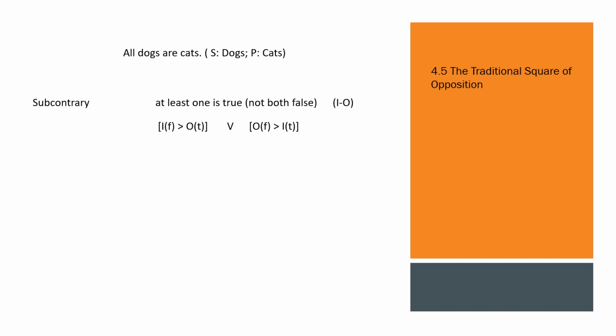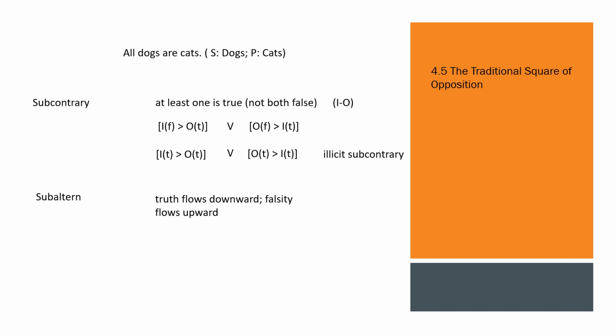Or if O is false, I is true. So if I is true and O is true, then we still have a good relationship. This is not yet illicit because both of them can be true. But if I is false, and O is also false, then we now have an illicit subcontrary.